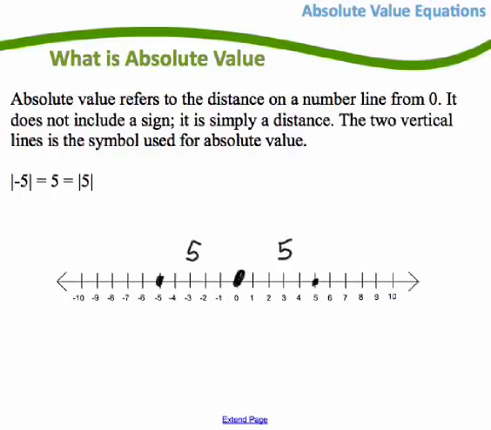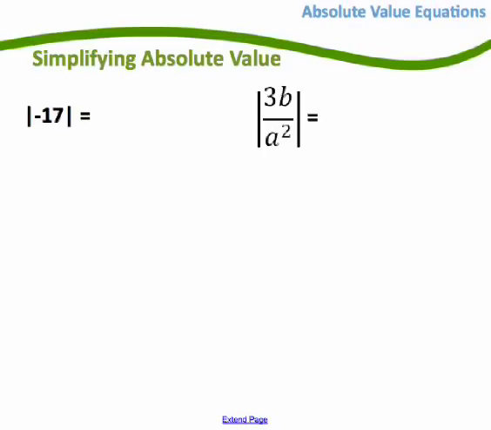Now, if I'm simplifying absolute value expressions, like this one, absolute value of -17, again, it's 17 units away from 0, so the answer is 17. If they include variables in an absolute value expression that we don't know what the values are, we still can simplify this to some extent. Basically I can separate this into each little section.